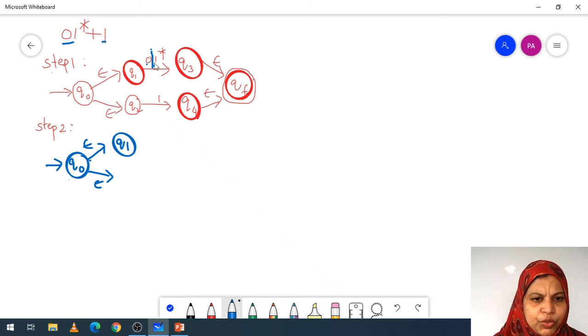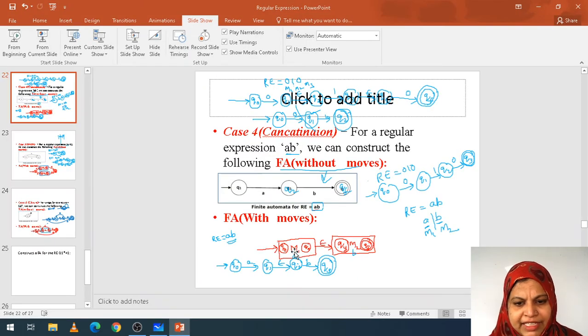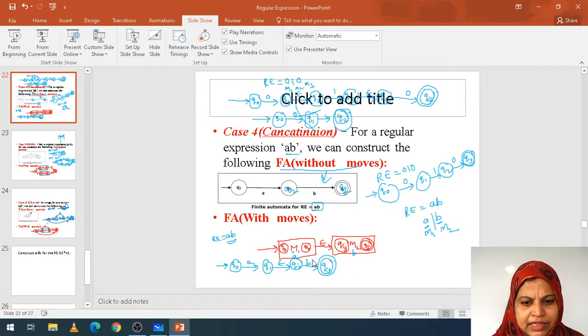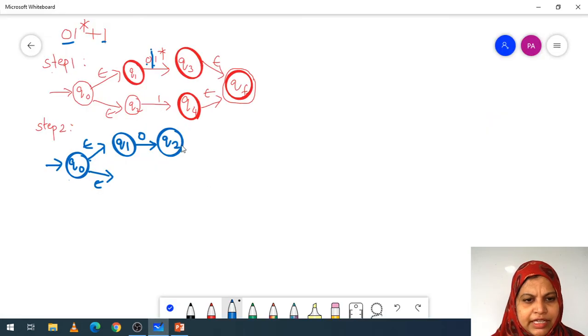Now from q1 to q3 we are performing this operation. First is m, directly we can write m. What is m here? M is 0. So here I am writing 0, then q2, you can write any state name, q2, then followed by this epsilon, right?